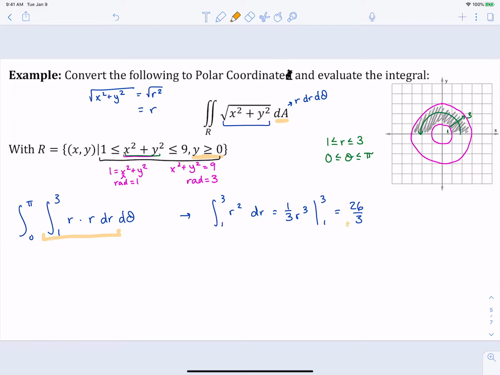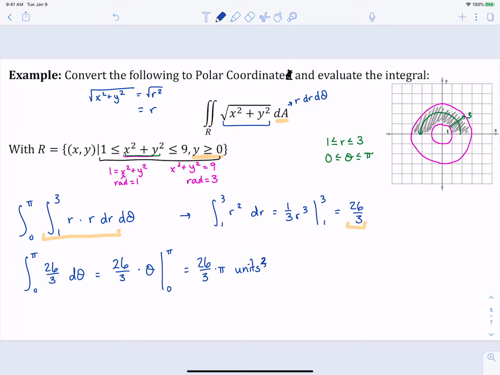So that 26/3 is going to be our result from our inside integral. So we can replace it with 26/3, then d theta. And boy, again, we have a constant function. So when we take the integral, we have that constant times theta. And so we're going to get 26/3 times pi minus 0.